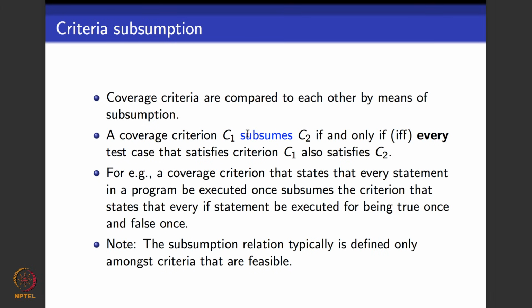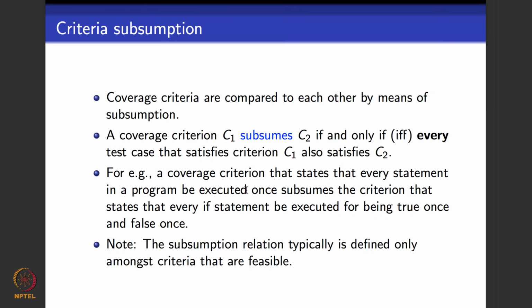So the notion of subsumption comes to our rescue here. We say that a particular coverage criteria C1 subsumes another coverage criteria C2 if every test case that satisfies criterion C1 also satisfies criterion C2. For example, suppose I told you there was a criteria which says execute every statement once, which means execute every statement in the program.